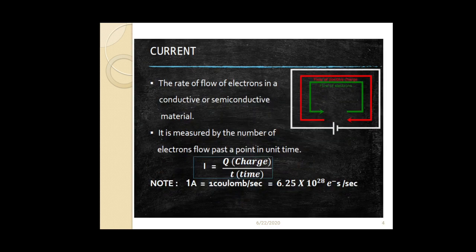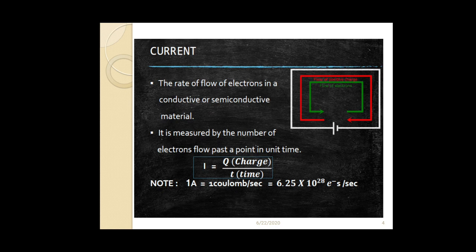Our next parameter is current. It is defined as the rate of flow of electrons in a conductive material. So this is the rate of flow of electrons, as I am showing here. It is expressed mathematically as I equals Q upon T, where I is current, Q is the charge of electrons, and T is the time.